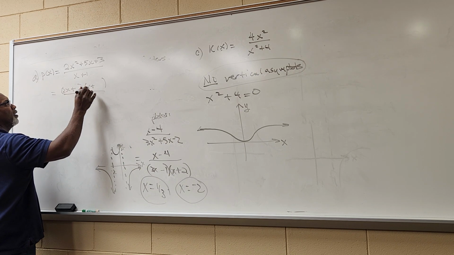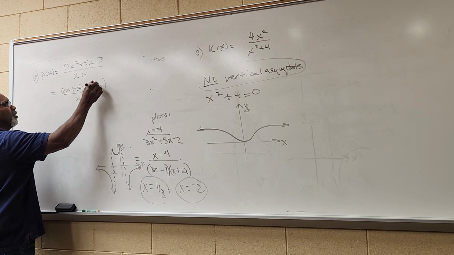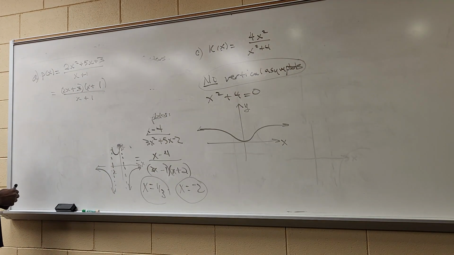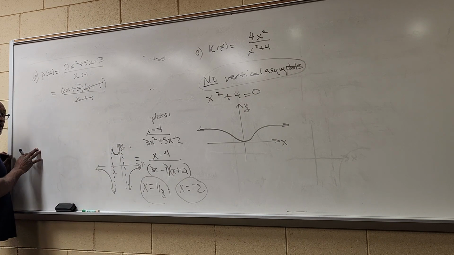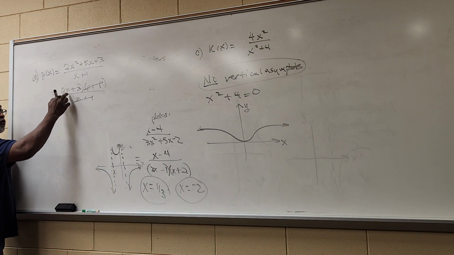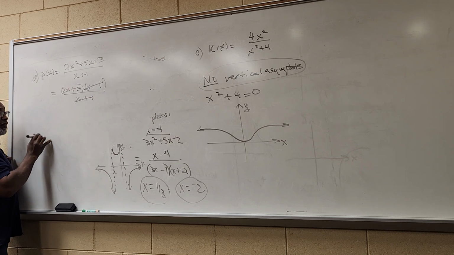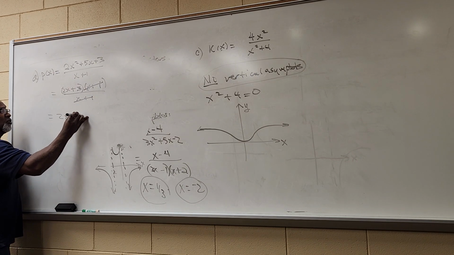I need a 3 and a 1, that's what works. So there's my factored form, okay? And when I see my fully factored form, that thing and that thing cancels. That's what they meant when they said make sure your numerator and denominator don't have any common factors. Once I factored, I saw that they had a common factor of x plus 1. So this thing actually is just 2x plus 3.